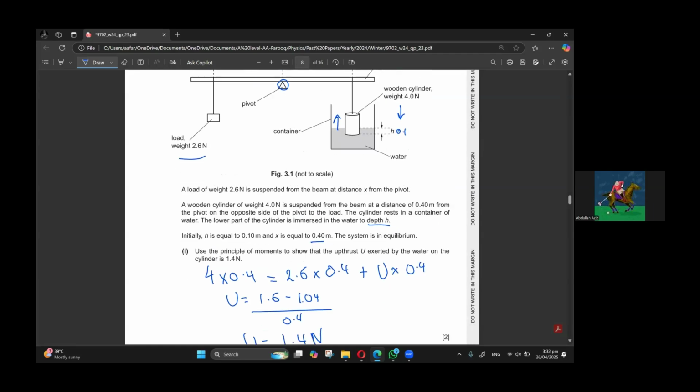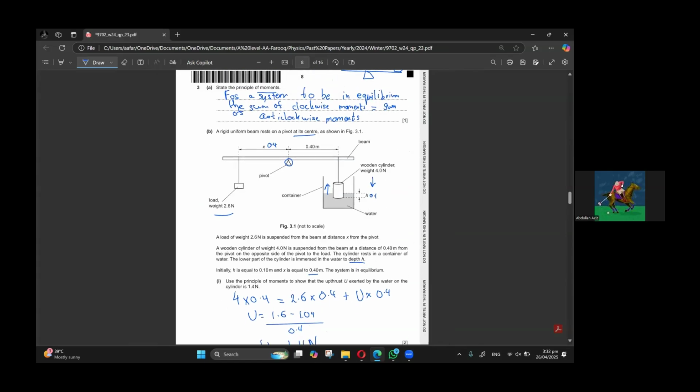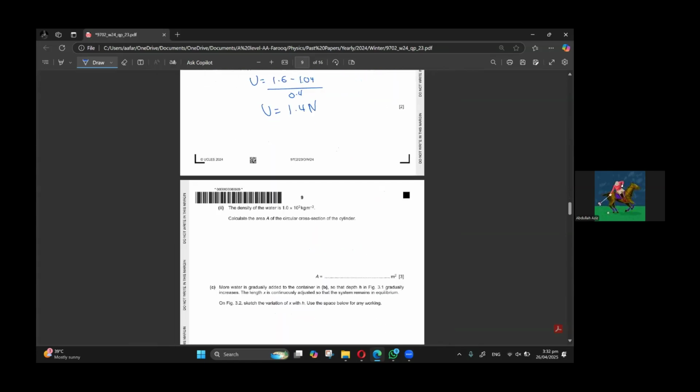Yeah, because basically we use the principle of moments.